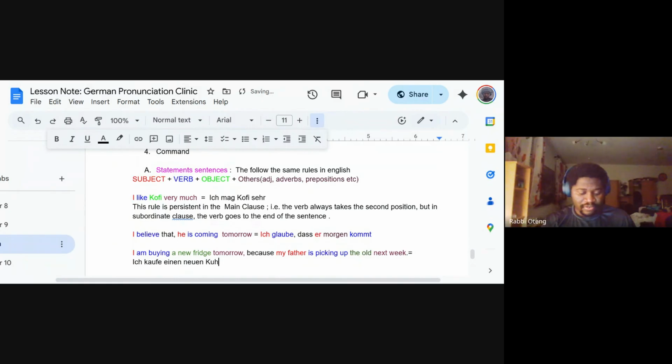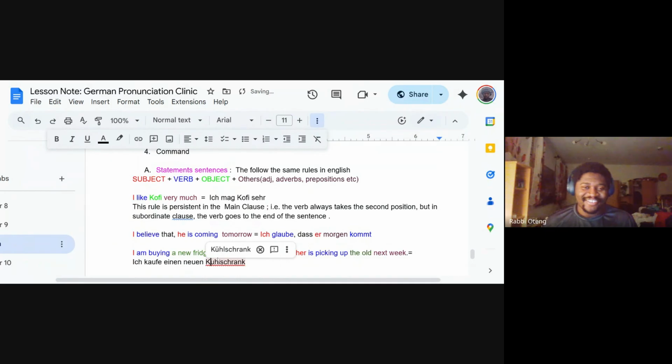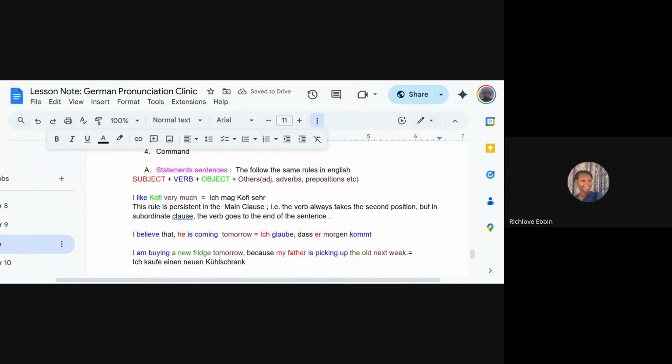Kühlschrank, okay? K-U with an umlaut. Kühlschrank.